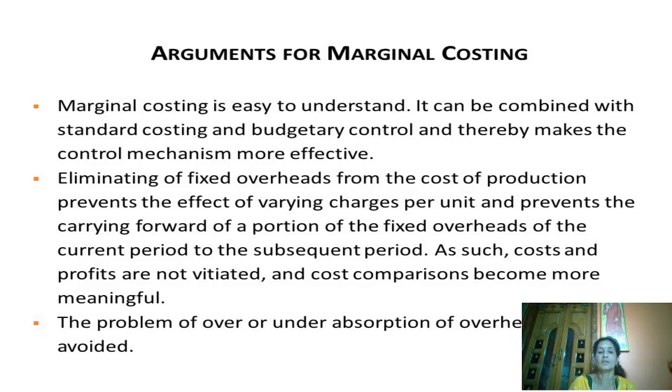In marginal costing, this elimination of fixed cost from the cost of production means it is not carried forward to the subsequent period. So the comparison becomes very easy, because only the actual cost which is incurred will be taken into consideration. Here the problem of over or under absorption of overheads will be avoided.